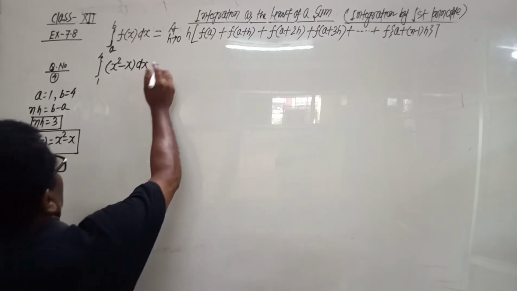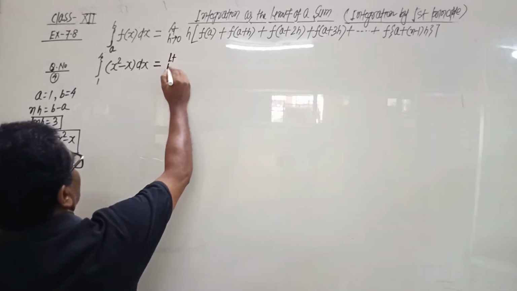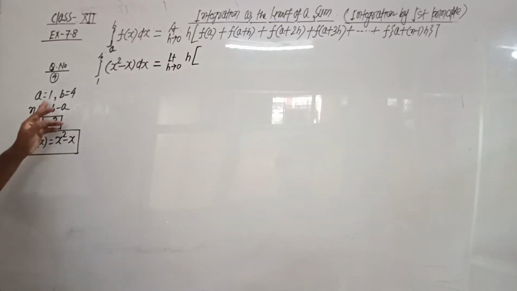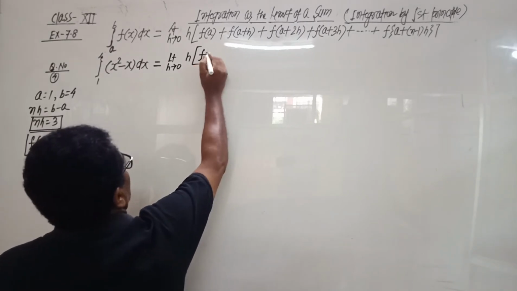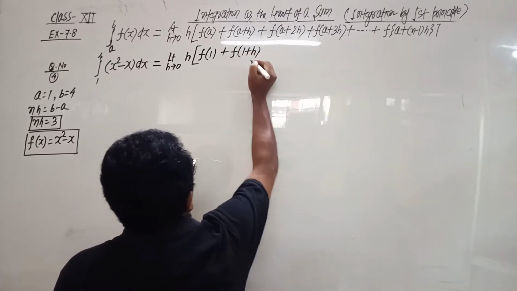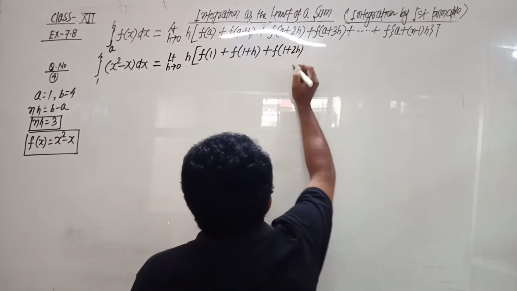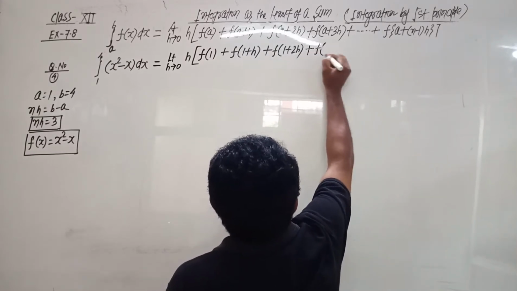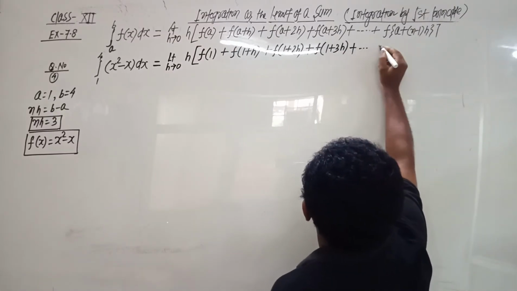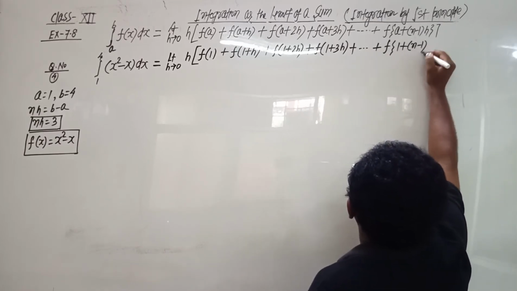So we write the formula for this function: limit h tends to 0, h times [f of 1 plus f of 1 plus h plus f of 1 plus 2h plus f of 1 plus 3h plus ... plus f of 1 plus (n minus 1) into h].